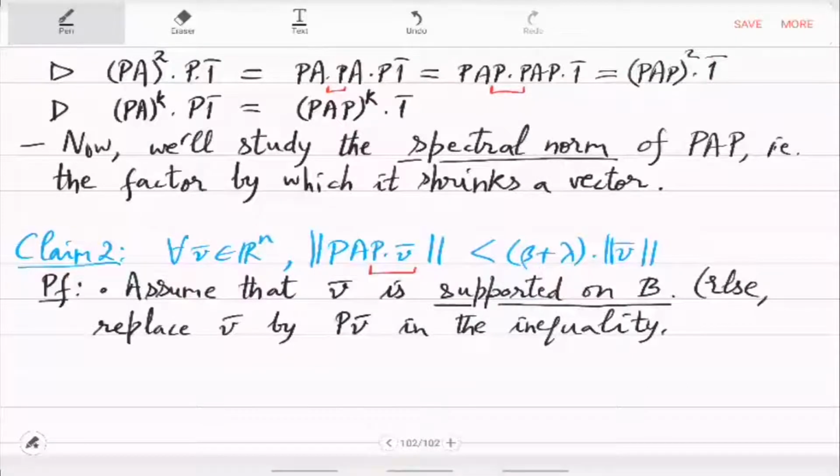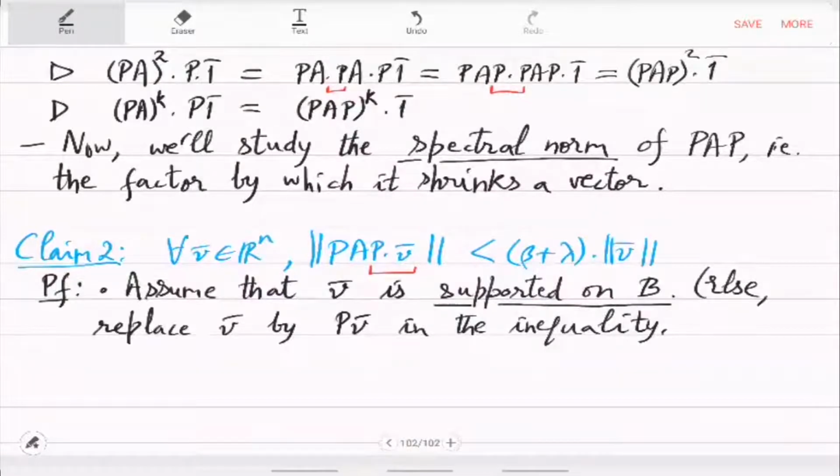And notice that when you replace V bar by PV bar, the RHS in the inequality cannot increase; it can only reduce. So once you have shown that result, it will also imply this inequality in blue. So we can assume without loss of generality that V bar has only coordinates in B positions, not outside it.